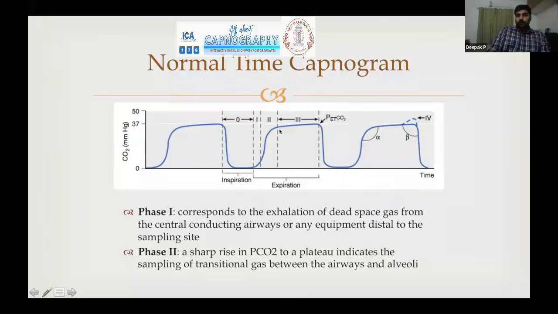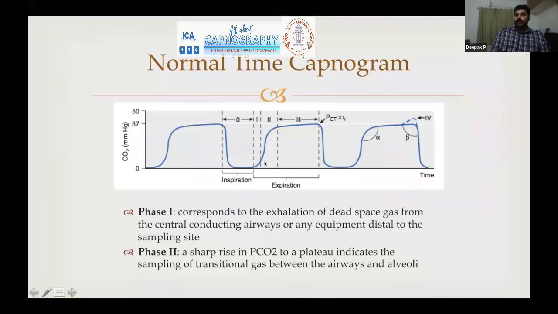Increased slope of phase 3 denotes a ventilation perfusion mismatch. And phase 4, or phase 0 in Miller, denotes a sharp decline in the carbon dioxide, where inspiration begins. Inspiration is also included in this phase 0. In Dorsch, it is called phase 4.